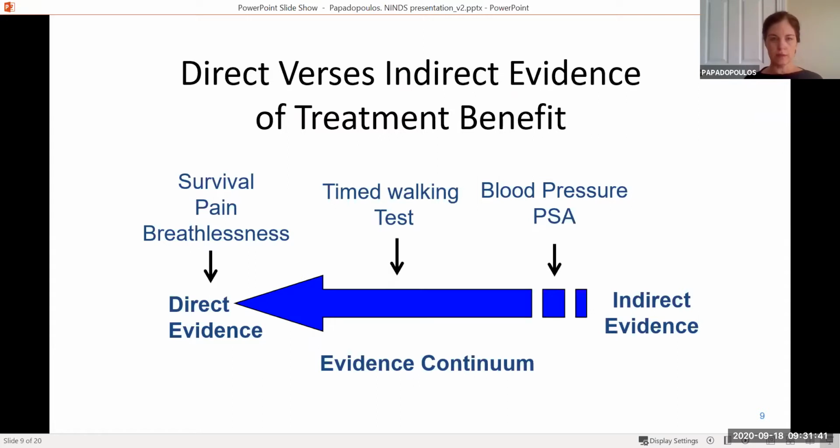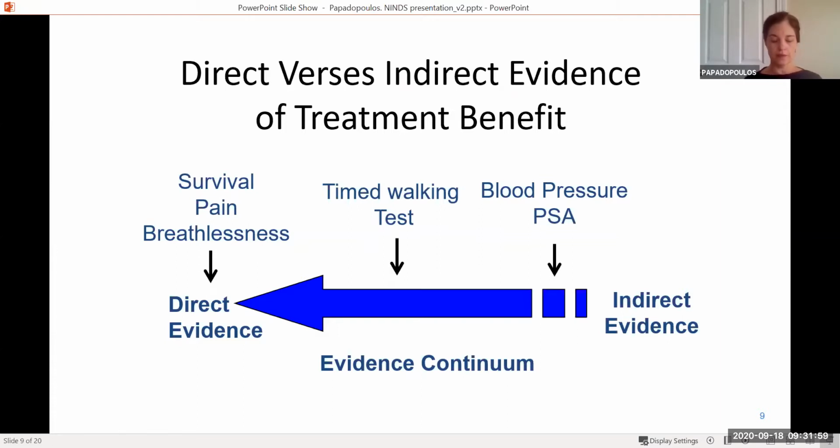These measures are thought to be somewhat indirect because they are not measuring exactly how a patient feels or functions in their daily life, but instead they are intended to closely approximate patients' lived experience.